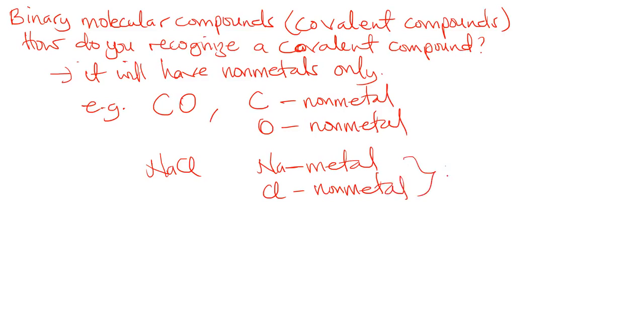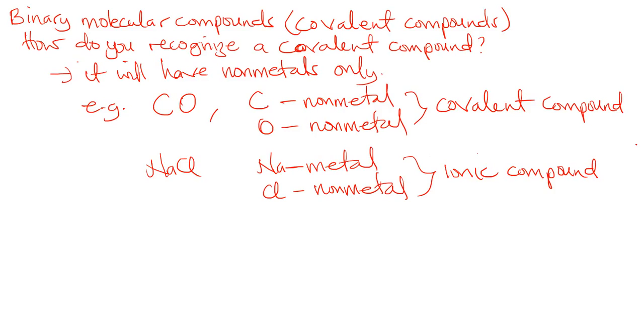So this one is an ionic compound, while this one with two non-metals is a covalent compound. So that's how you recognize a covalent compound and an ionic compound. But we are trying to define a binary covalent compound.